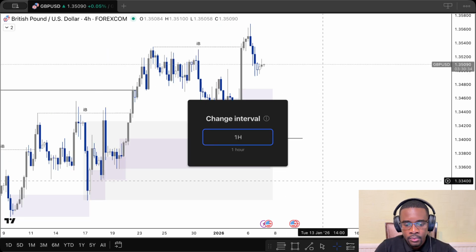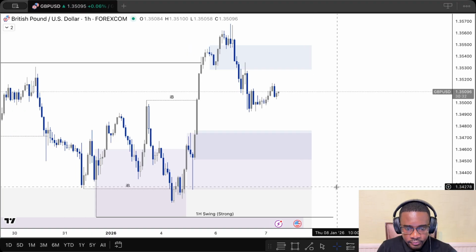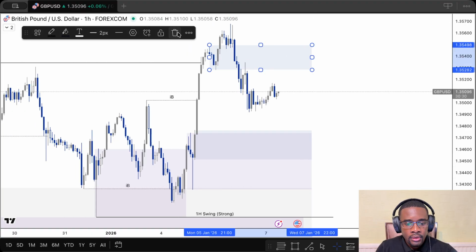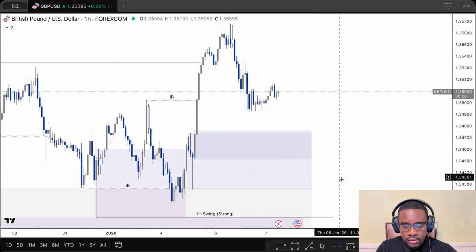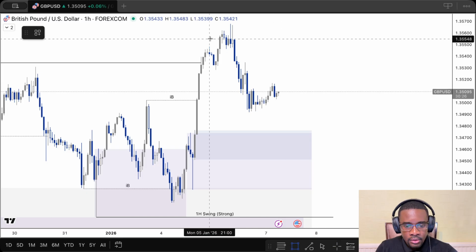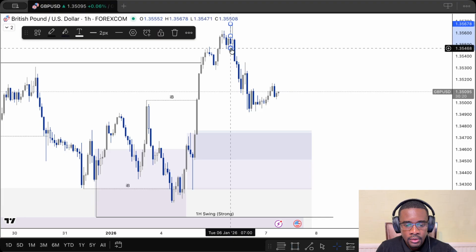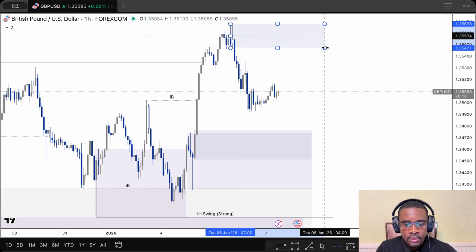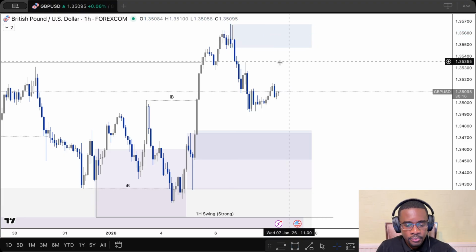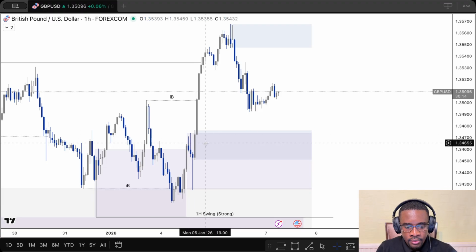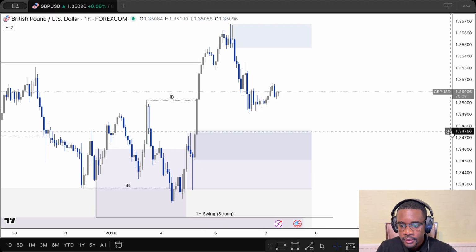And then look at the 1-hour. That has failed, so we do have supply. So we do have supply at the top, and then we have demand, which is the last candle.